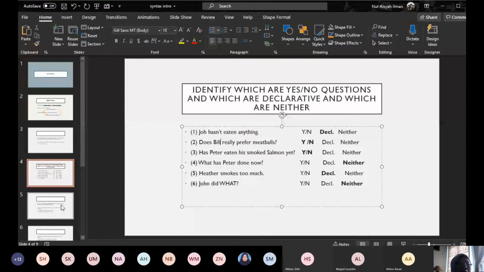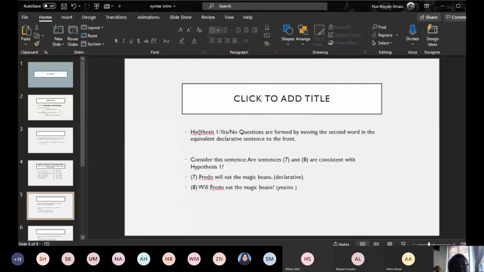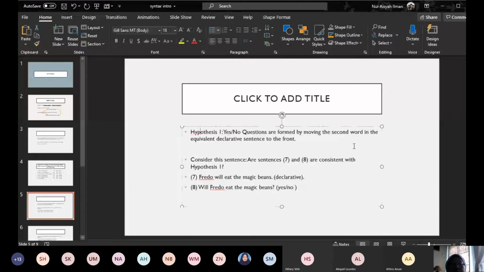Okay. So then we can make a hypothesis, an assumption. Hypothesis 1: yes no questions are formed by moving the second word in the equivalent declarative sentence to the front.